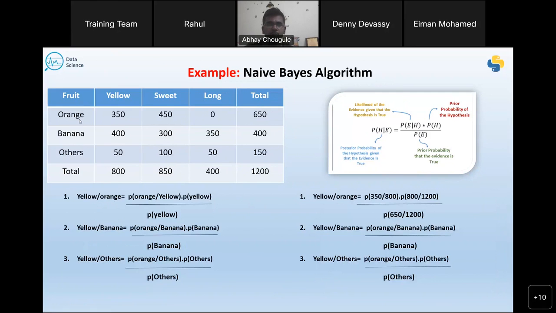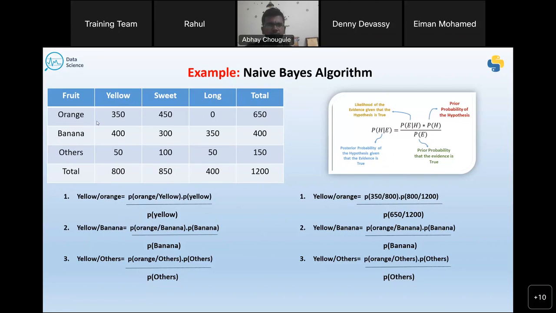So orange and yellow, orange and sweet, orange and long. So that you can pass them into the formula. See here, yellow divided by orange is equal to 350 out of 800, 800 divided by 1200, and the probability of yellow is this one divided by 1200.